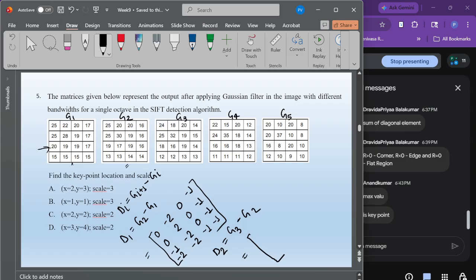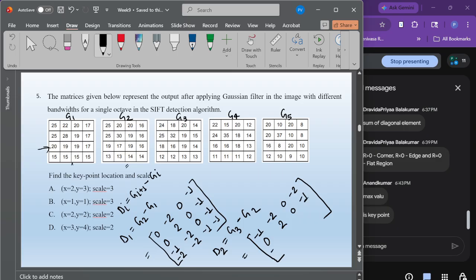So 24 minus 25 is minus 1, yes, and next minus 2, minus 2, 0, and 0, minus 2, correct. And what about the next row? The second row: 0, 2, 2, 0, 0, and minus 1, correct.